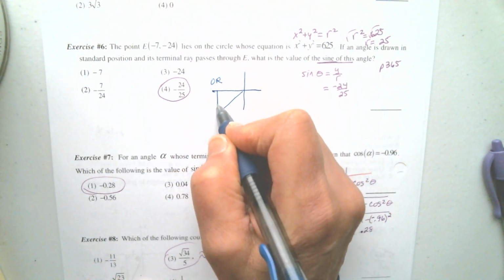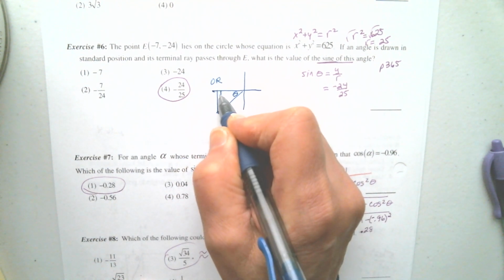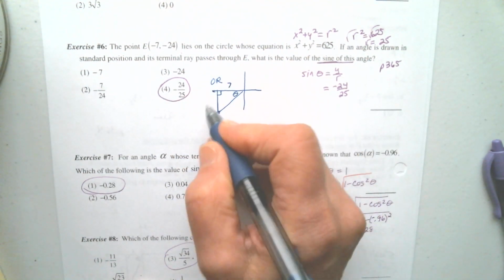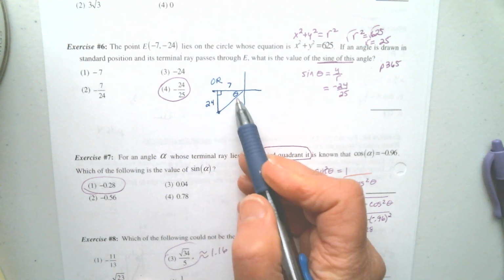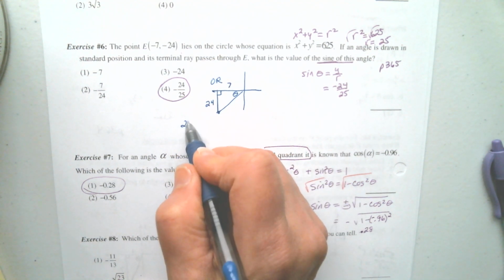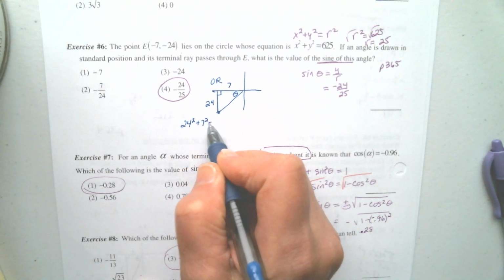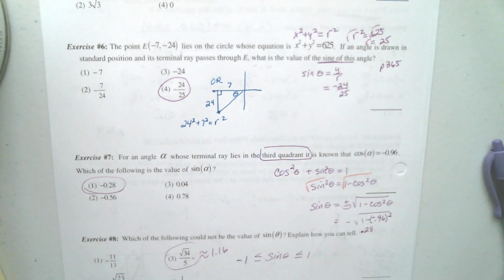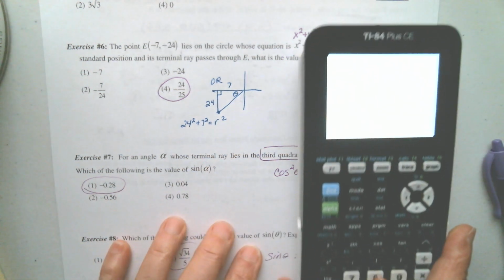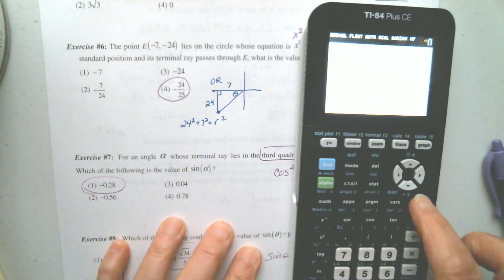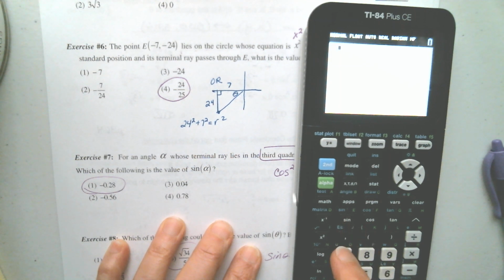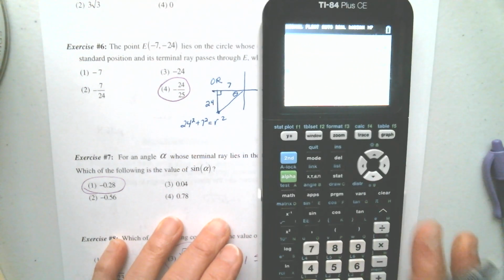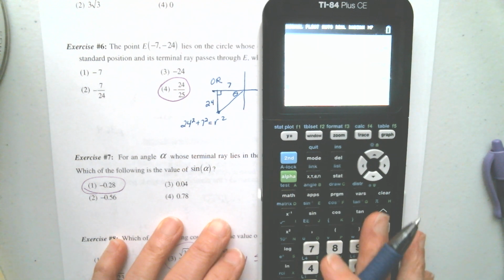Draw our right triangle in quadrant 3. 7, 24, use the Pythagorean theorem to find our hypotenuse of 25.